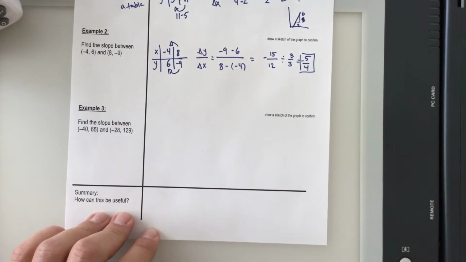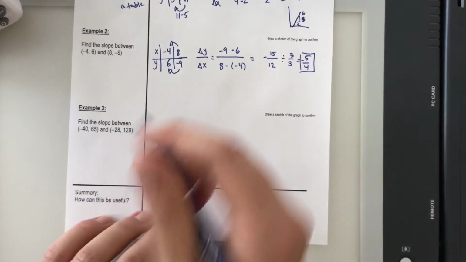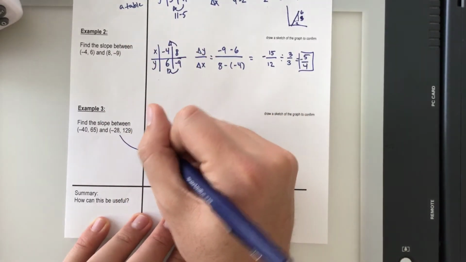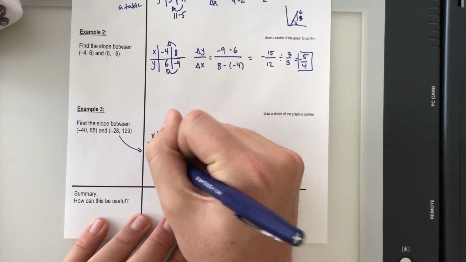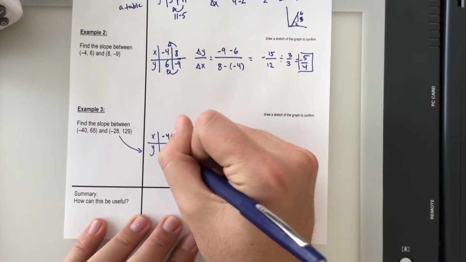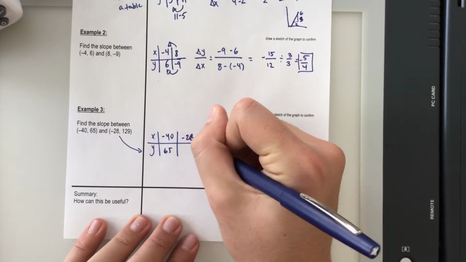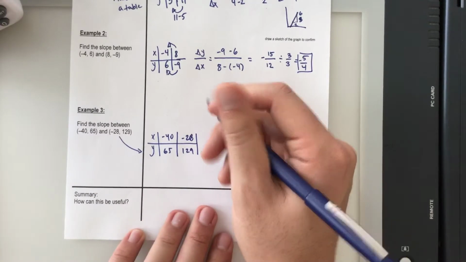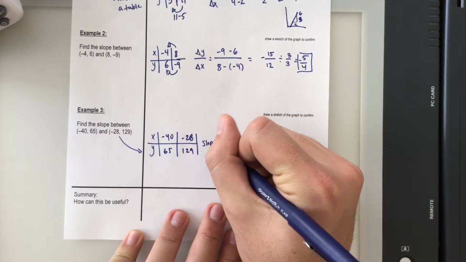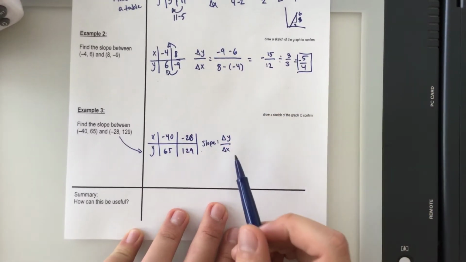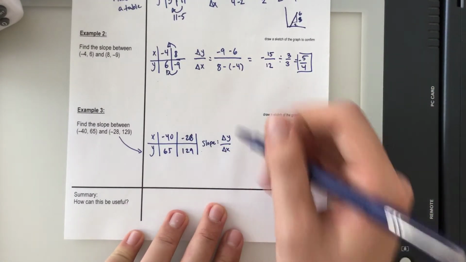Find the slope between (-40, 65) and (-28, 129). First thing we're going to do is create a table from these two. X, Y. Our first value is -40, 65. Second one is -28 and 129. Our slope, once again, is our change in y over our change in x. What we need to do is subtract the y's and the x's.